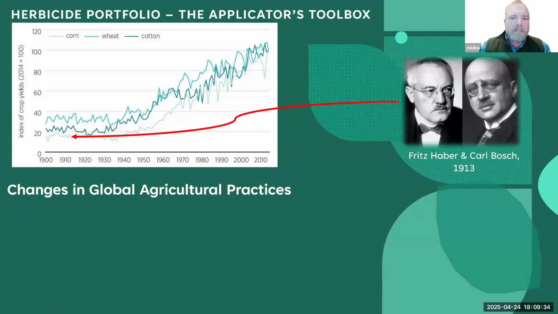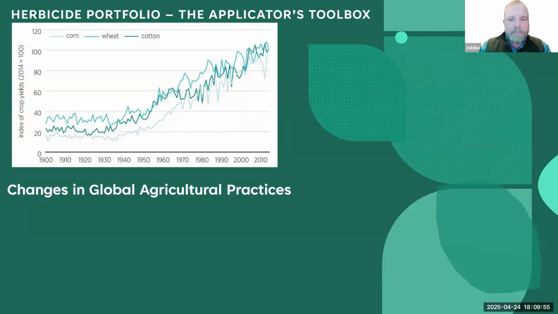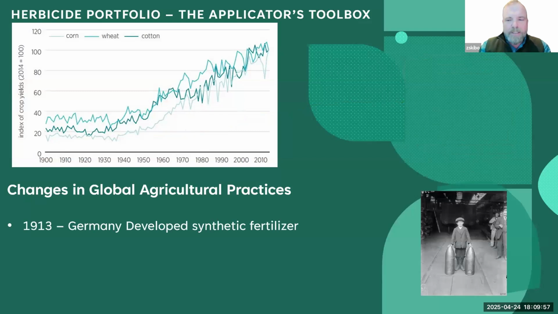Now, this is interesting because it was in 1913 that two German scientists, Fritz Haber and Karl Bosch, respectively, invented a process to produce nitrogen artificially. Before that, it was extracted from soils. Unfortunately, you would have thought that this would have been directed into agriculture directly, but they instead put it into weapons, which then went into World War I.